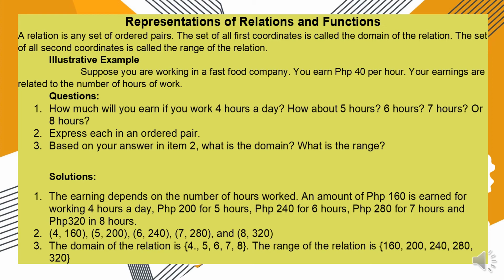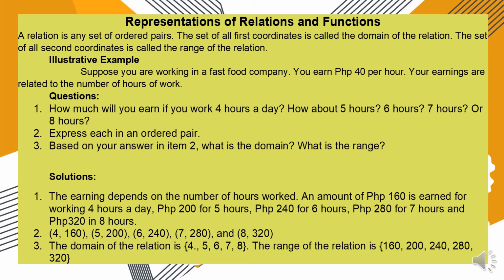Suppose you are working in a fast food company. You earn 40 pesos per hour. Your earnings are related to the number of hours of work. So here are the questions. How much will you earn if you work 4 hours a day? How about 5 hours, 6 hours, 7 hours, or 8 hours?